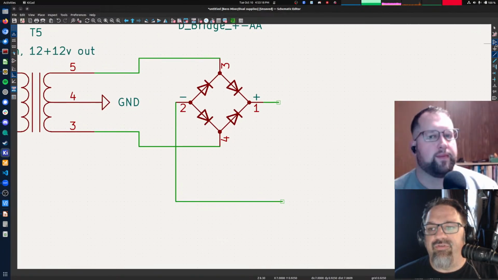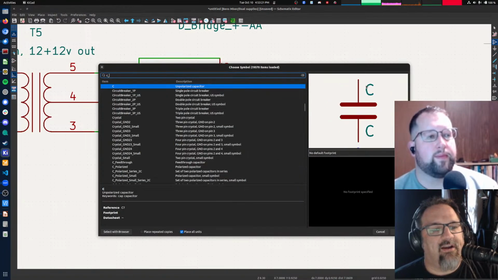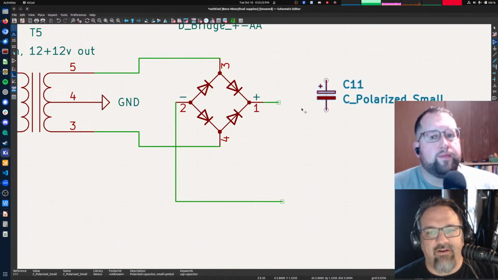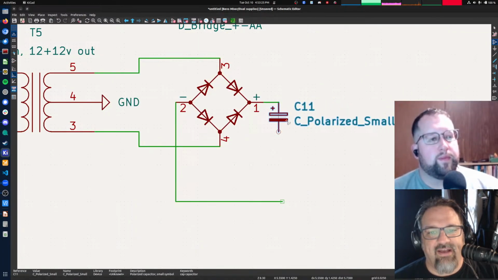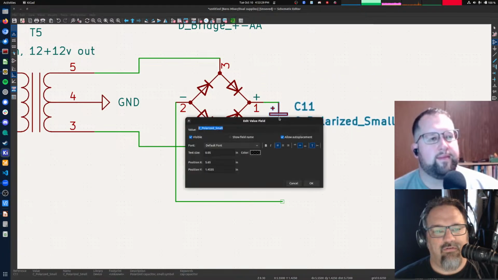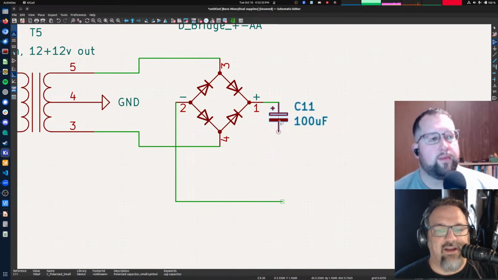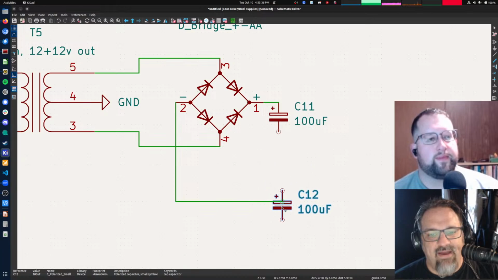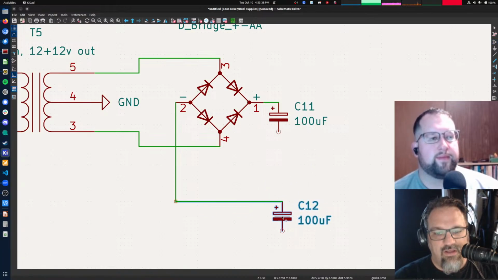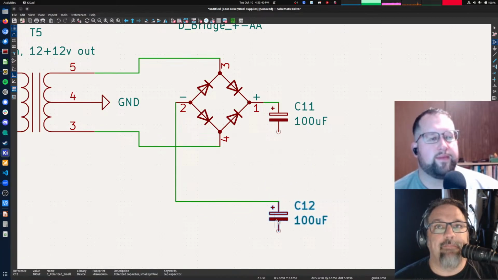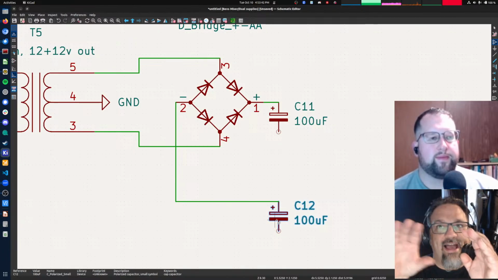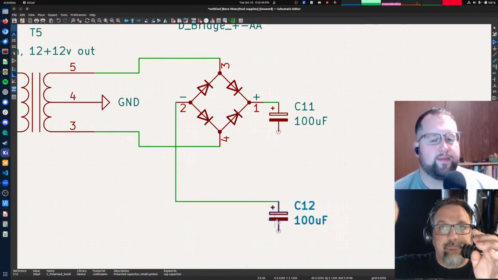So this is where those big capacitors matter a lot more. This is a very large capacitor, 100 microfarads, and what it's doing is leveling out those big humps.